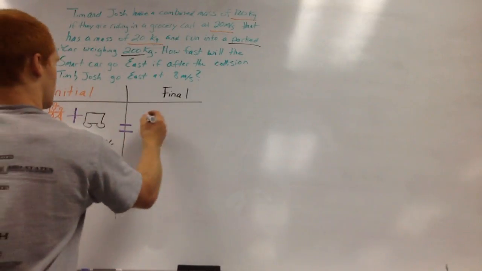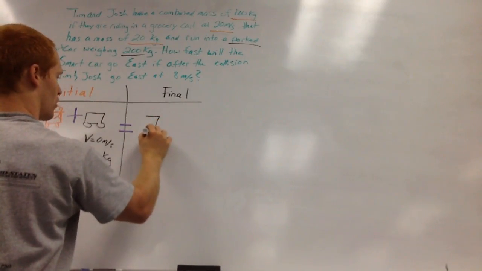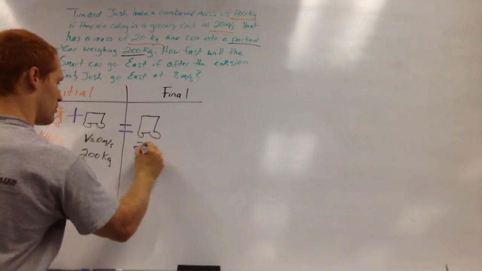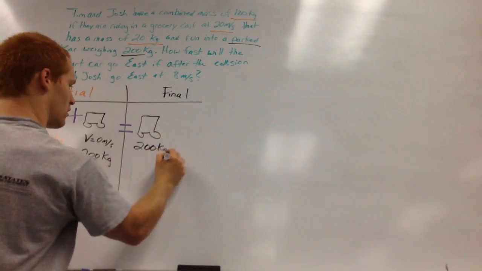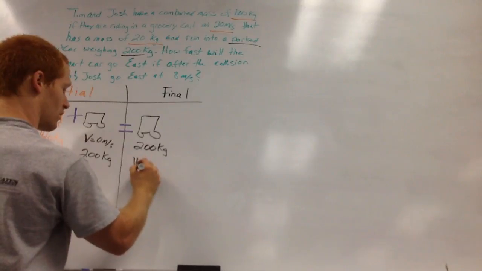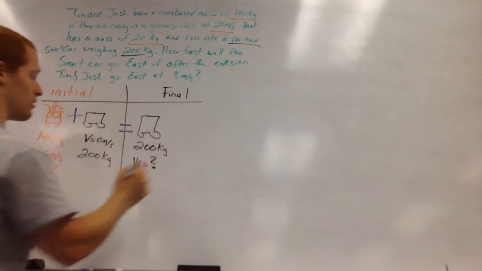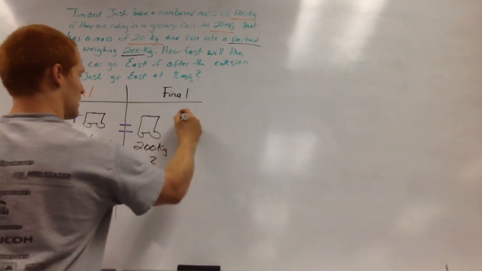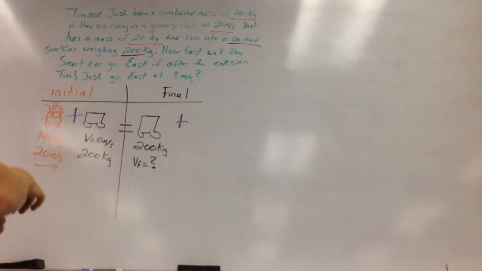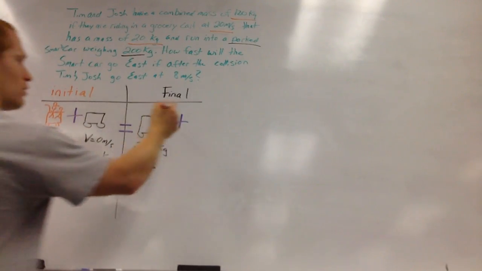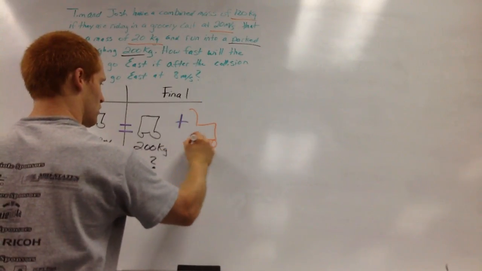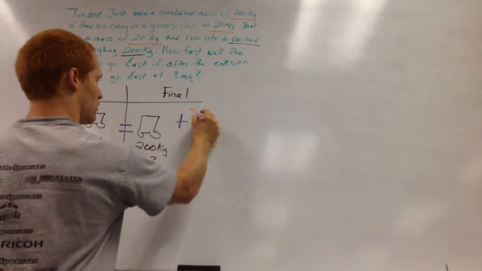So first it says the car, so we're going to draw the car. Does its mass change? Shouldn't, so it's 200 kilograms. The velocity, the VF, we don't know it, so it's a question mark. We're going to add that to Tim and Josh, which their mass does not change. So we have Tim and Josh, again in their grocery cart.